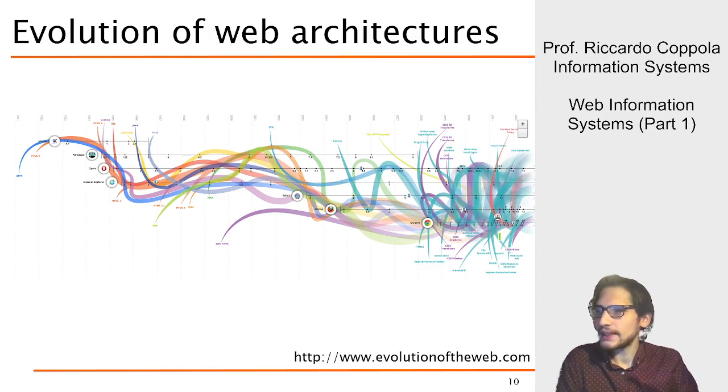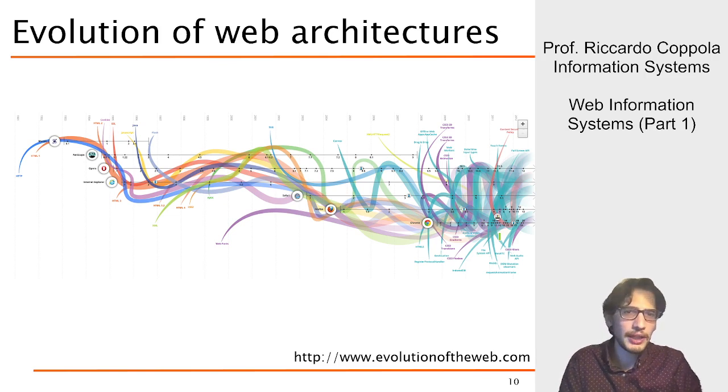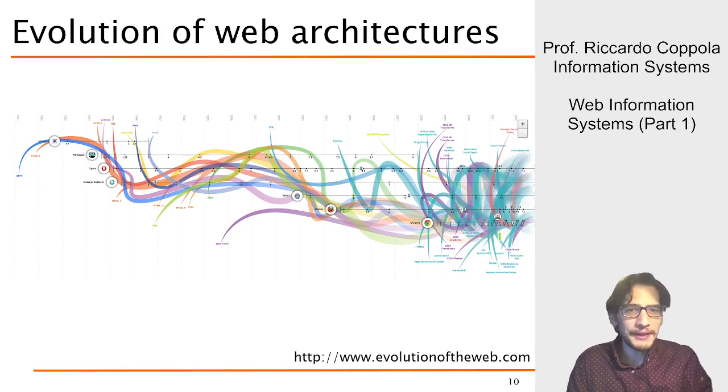In general, and this is just a screenshot, a pretty old screenshot, about the evolution of the web. As you can see, if we start from the very beginning, when the HTTP protocol appeared, and in the 90s, some web browsers like Netscape and Opera and Internet Explorer, the good old one, appeared.